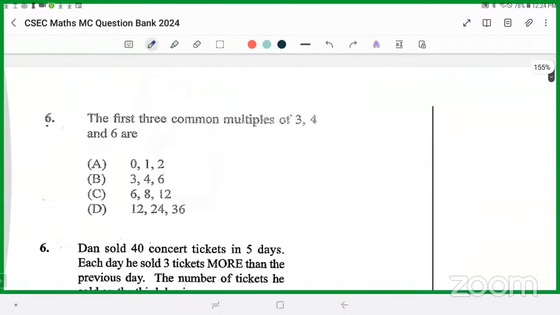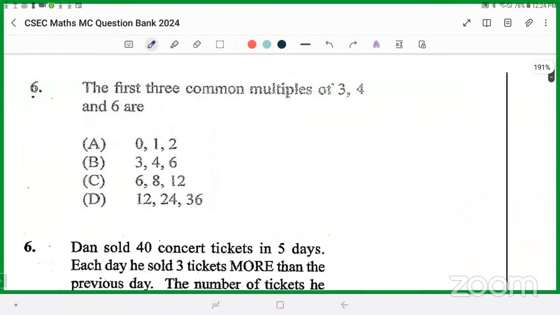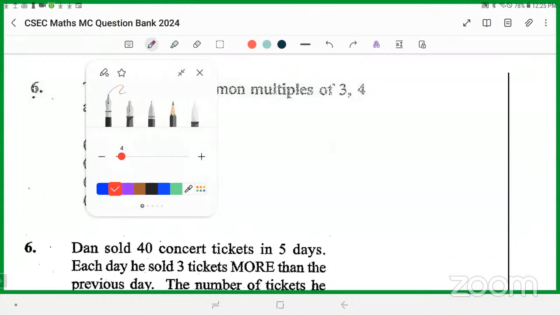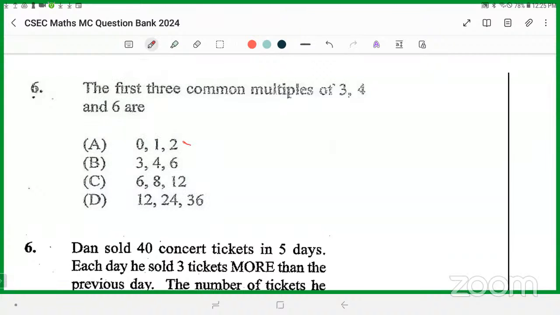All right, this one says the first 3 common multiples of 3, 4, and 6. This one you can almost use elimination. Common multiples. Can't be this one, those are factors. 4 is not a common multiple of 3, so this can't be the answer. You want a common multiple.